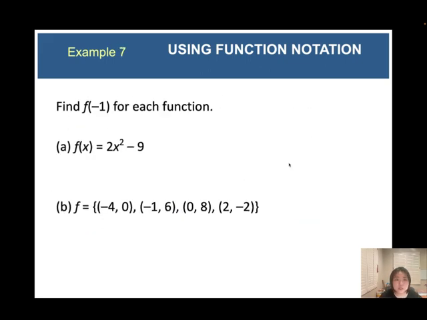Okay, f of -1 for each function. So same idea, plug it in. Okay, plug in x equal to -1. Take the square, and you're going to get -7.